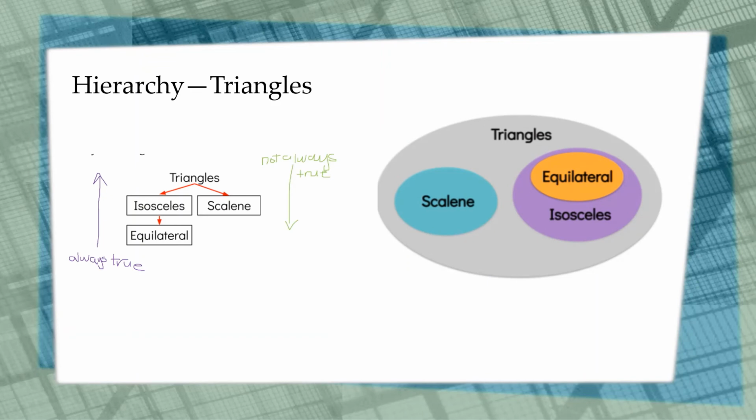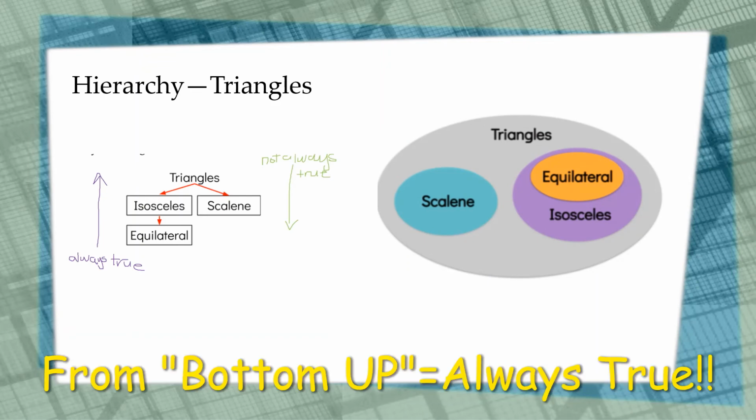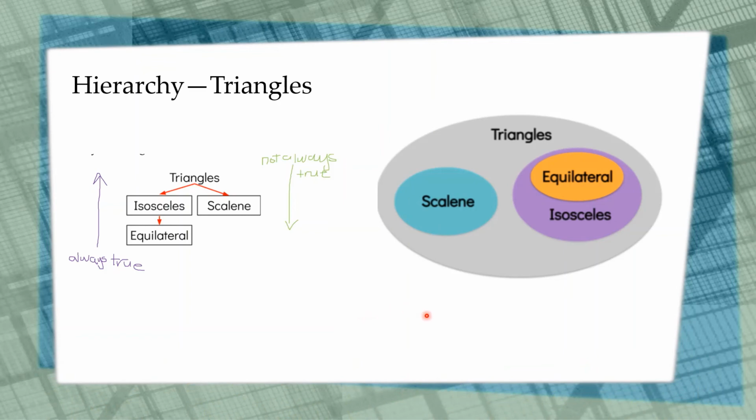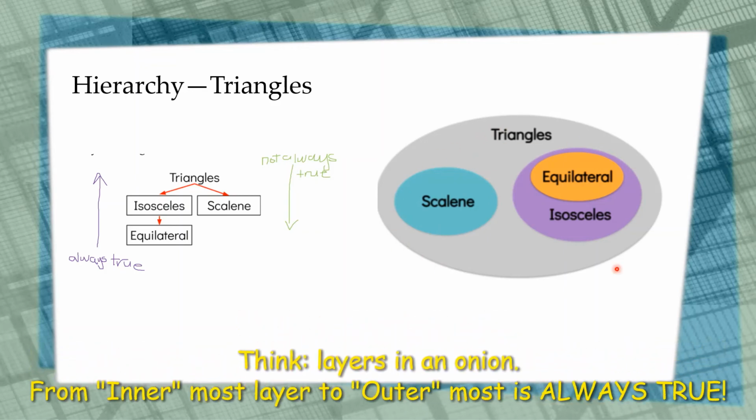So consider this. When you're going from bottom up, it's always true. So we can use the same concept, but looking at it from the smallest group in relation to the larger group. With that said, from smallest to largest is always true.